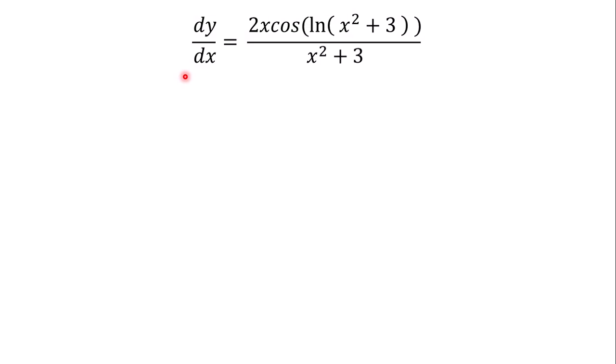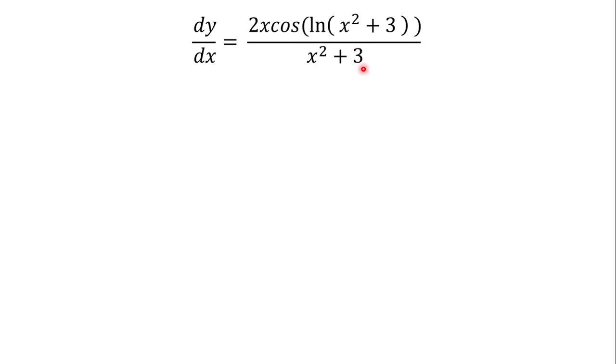Good. Now dy over dx is now equal to 2x times cos of natural log of x squared plus 3 all over x squared plus 3.